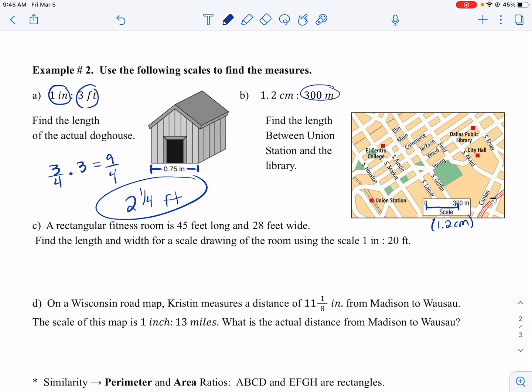If we now want to find the length between Union Station and the library, that would be from here to here. You could take that scale with your hands and line these up. Only problem is I might be changing the size of it, which might be difficult.